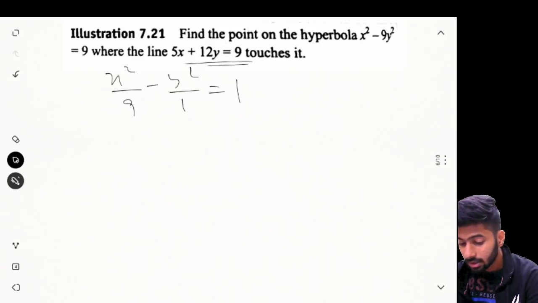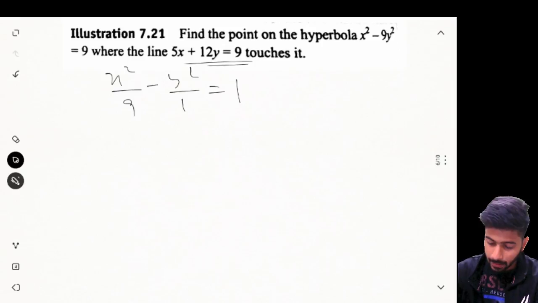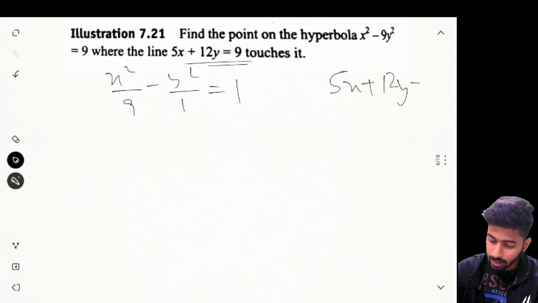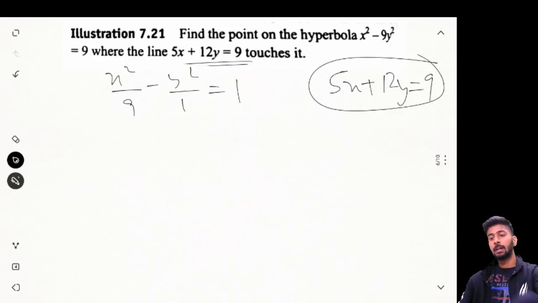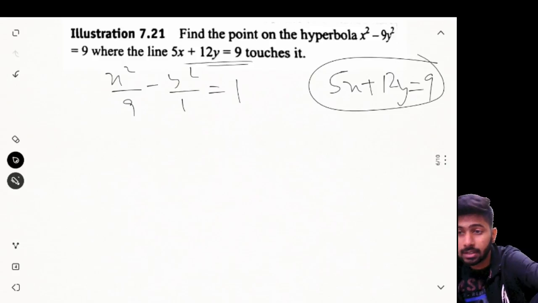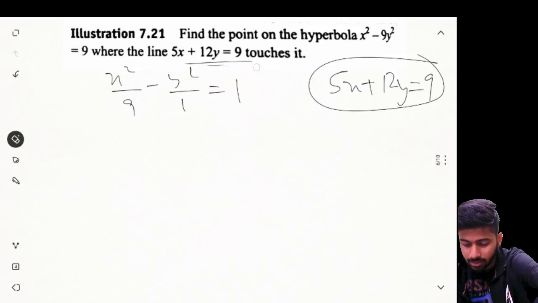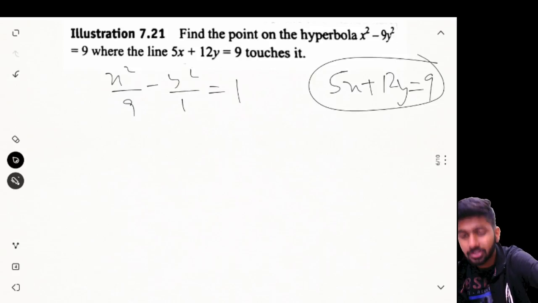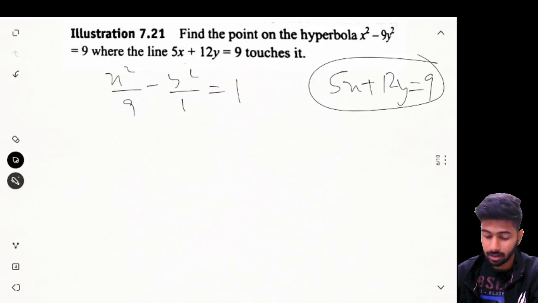This is the hyperbola that's given to you. 5x plus 12y is equal to 9 is the straight line that's obviously given to you. It's already given in the question that the straight line touches this hyperbola. In fact, you can verify that yourself as well.